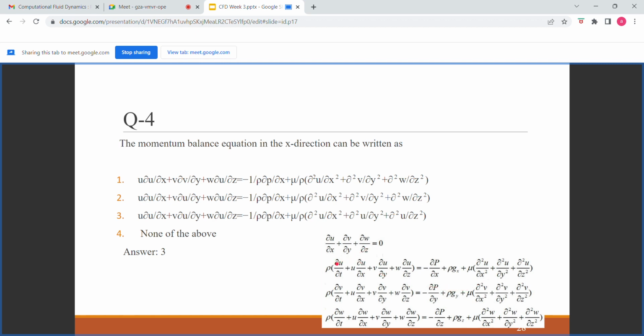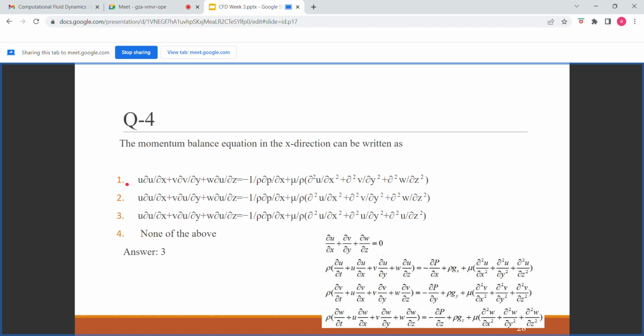That is dou u by dou x into u plus v into dou u by dou y plus w into dou w by dou z is equal to minus dou p by dou x plus rho g plus mu into dou square u by dou x square plus dou square u by dou y square plus dou square u by dou z square.